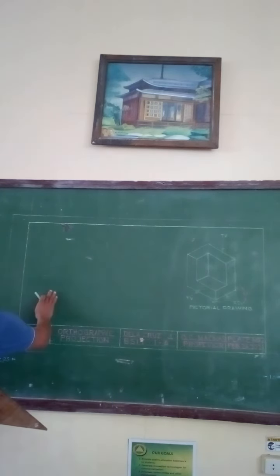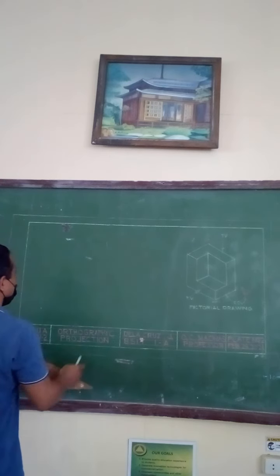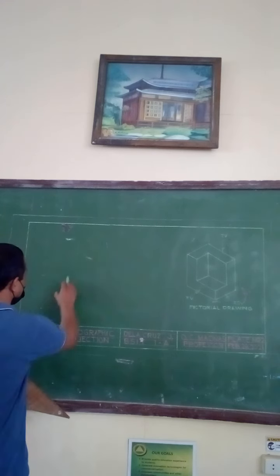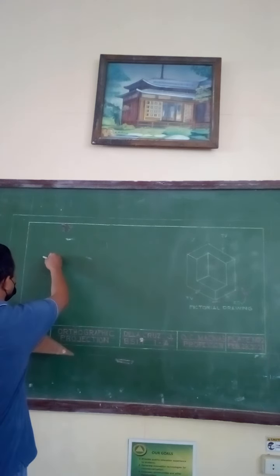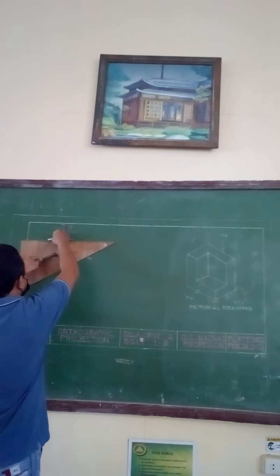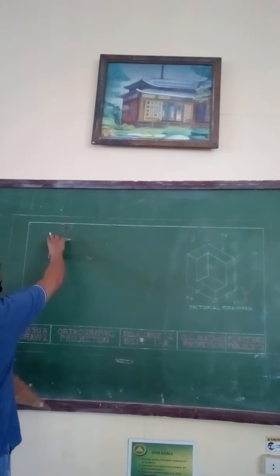From the front view, the right side view, we'll have a specific distance between the different views. Just imagine this, the size of this will be transferred here, so it was here. This is now the distance of the top view from the borderline.